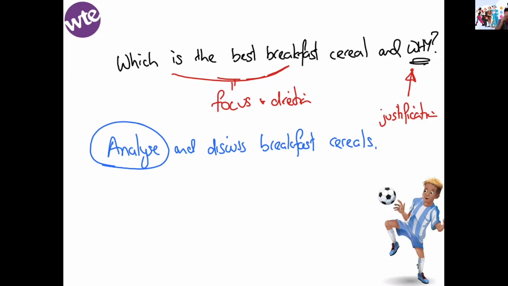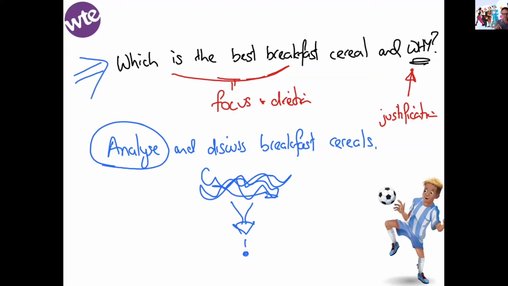You don't want them to just wander around talking about breakfast cereals and discussing them. You actually want them to come to a reasoned position, which is why you ask the question like that: which is the best breakfast cereal and why?